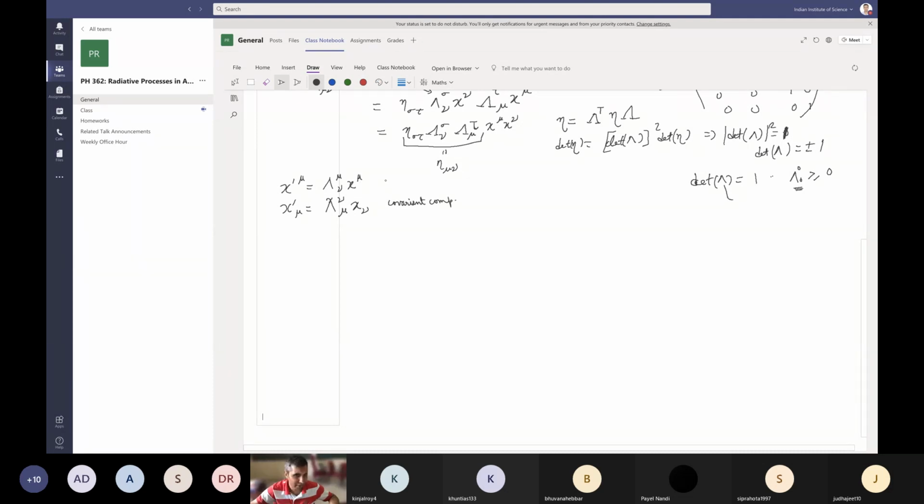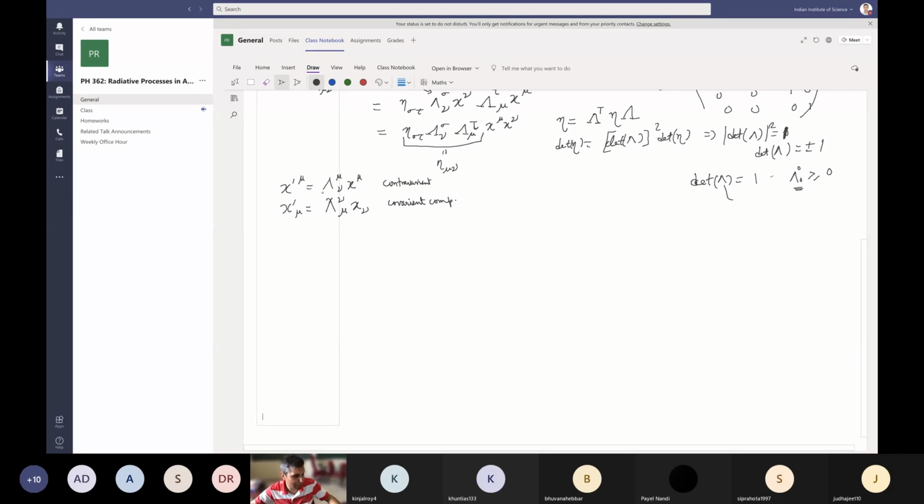And this is the contravariant component. Okay.